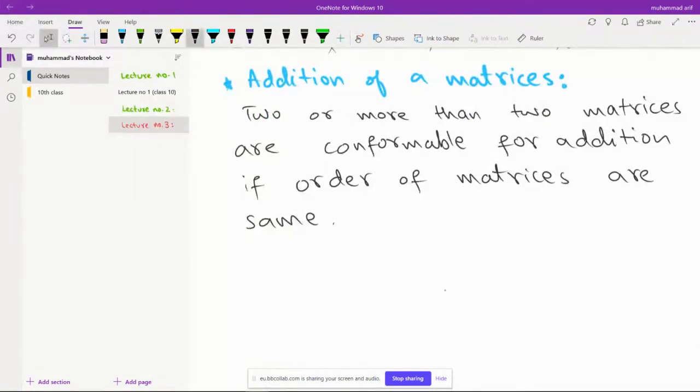We add two or more than two matrices if their orders are the same. Two or more than two matrices are conformable for addition if the order of the matrices is the same.